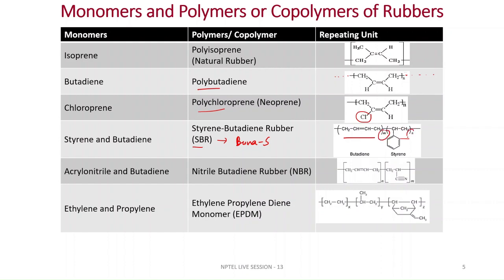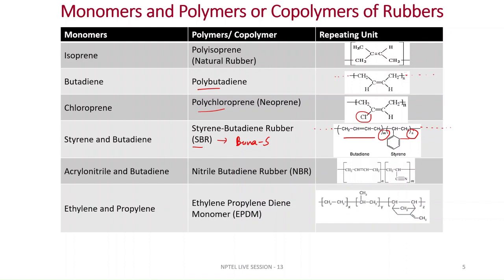M and N have separate numbers, and this forms by the polymerization reaction, connecting the same repeating units at both ends. We can't say the whole number of units that will repeat, because it is based upon the weight percentage of the monomers added for producing the SBR. These M and N values will vary.